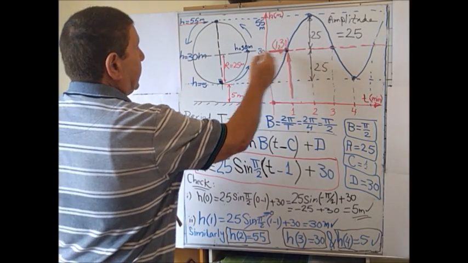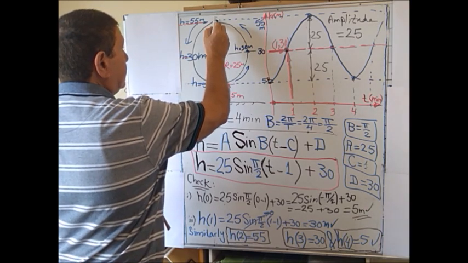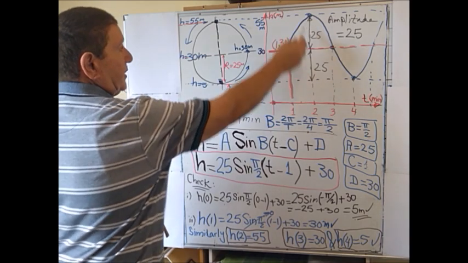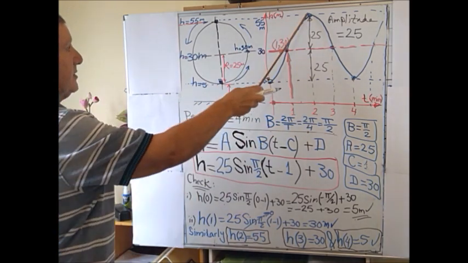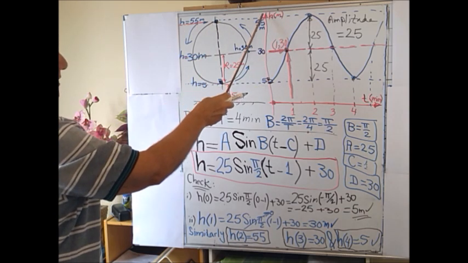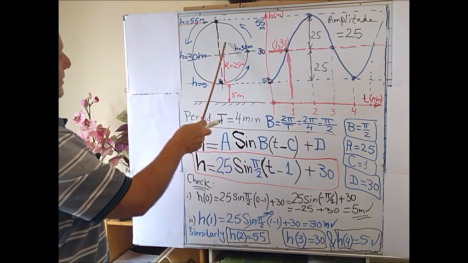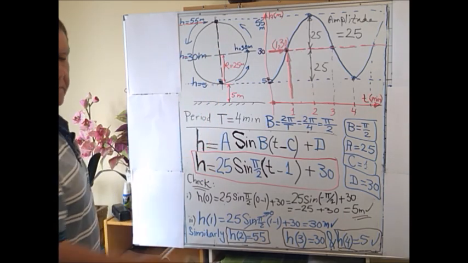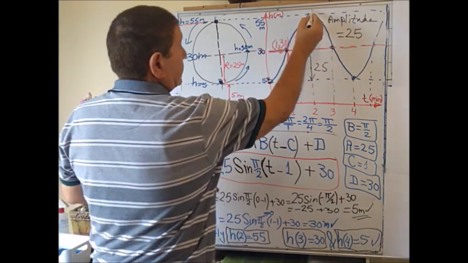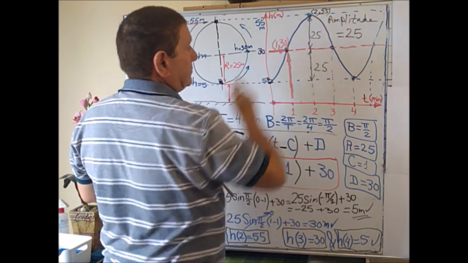You keep going up. This is the highest point, which corresponds to 2 minutes. Your height is h equals 55, because it's twice the radius, 50, plus 5. So that gives you 55. So this point is (2, 55).